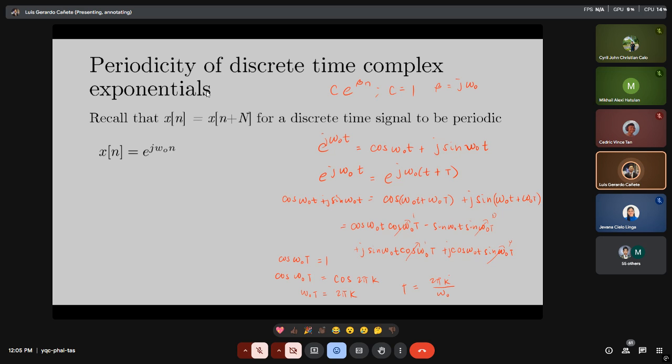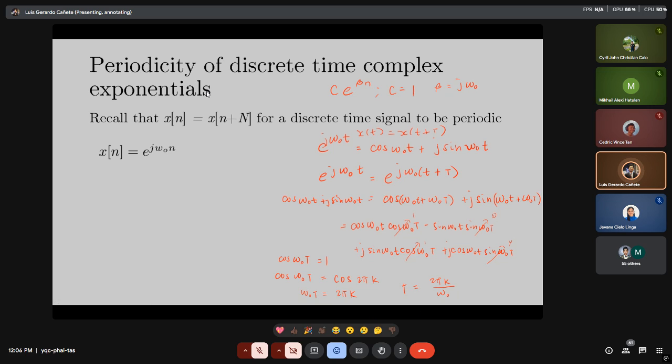So this means that the only value that tau can be is going to be 2 pi times k over omega o. Now remember that tau is supposedly the smallest real number that you can add to t that would make this equation true, right? So remember that for periodicity in continuous time, you need to write down that you have this condition, right? So it has to be the smallest number.